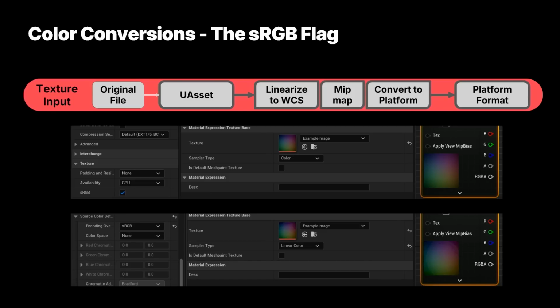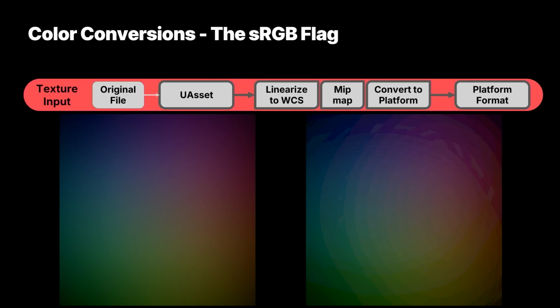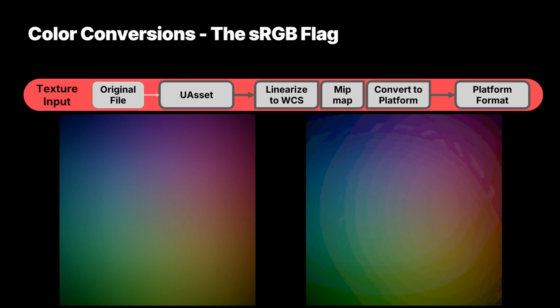So while we're making mistakes, let's make one more mistake and override that capability. I'll say, well, I know that the encoding is sRGB, so I'm going to set that in my override, but leave the sRGB flag off and leave the sampler type as linear, which I can do. Now they sort of look like they're the same, but as it turns out, they're not. If we get in close here, we broke the image. What happened?